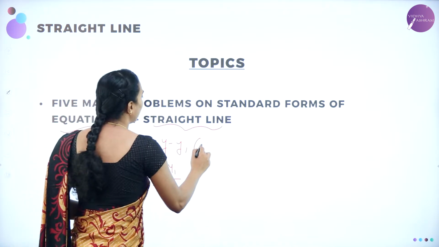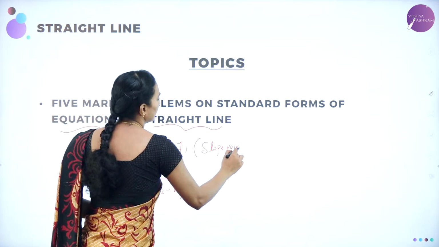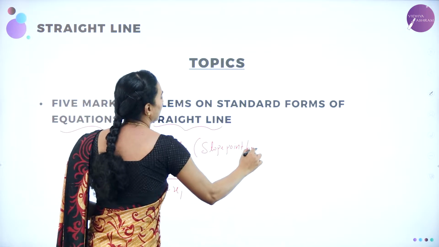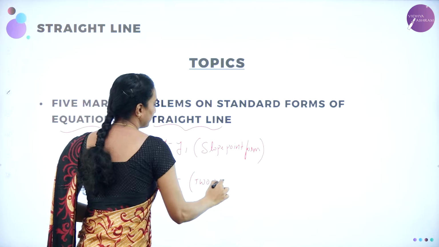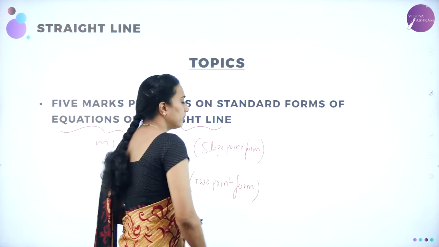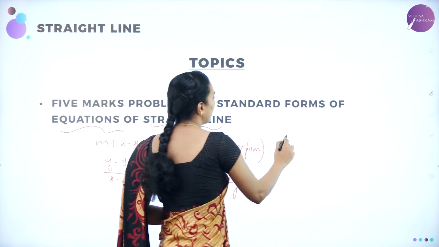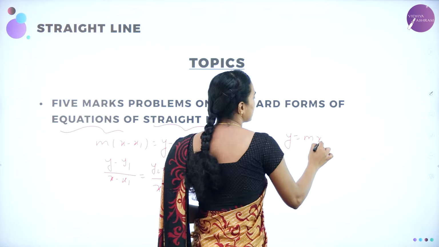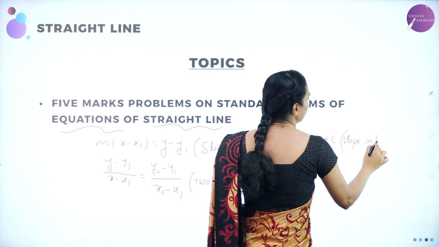This is slope-point form. And then you have already studied the slope-intercept form. y is equal to mx plus c is called slope-intercept form.